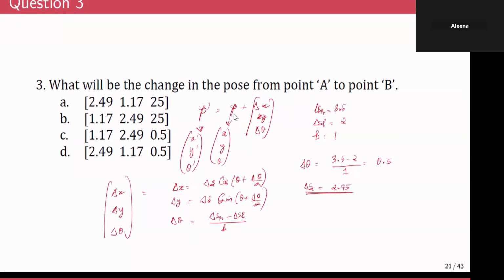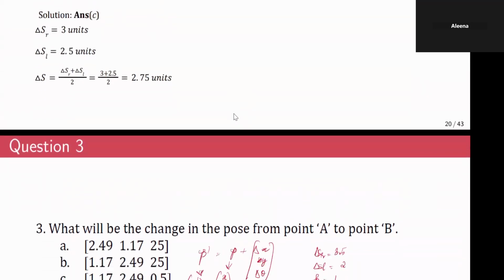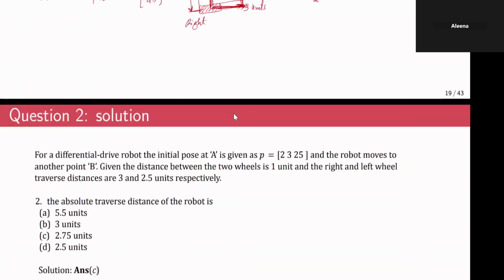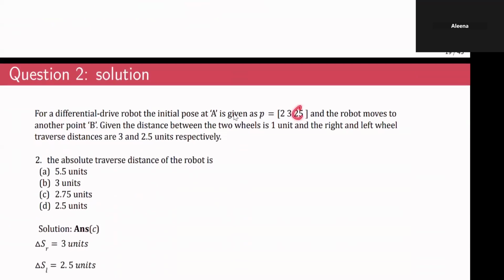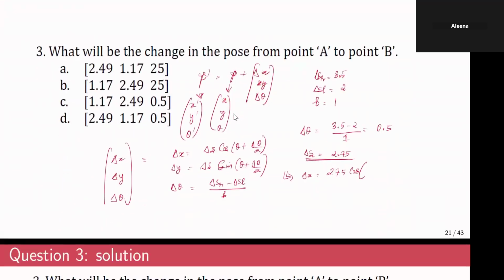Right? Now that we have obtained that, we substitute this delta S and delta theta into these two expressions. So this implies delta x to be 2.75 cos of theta, which as per the question was 25 degrees. So this would be 25 plus delta theta, which was 0.5, by 2.